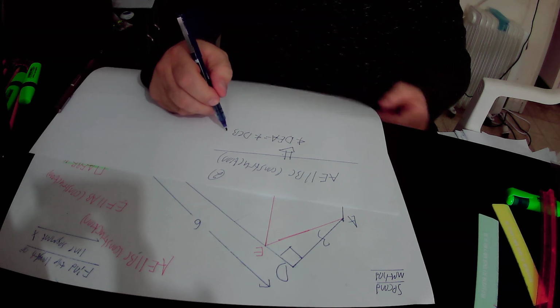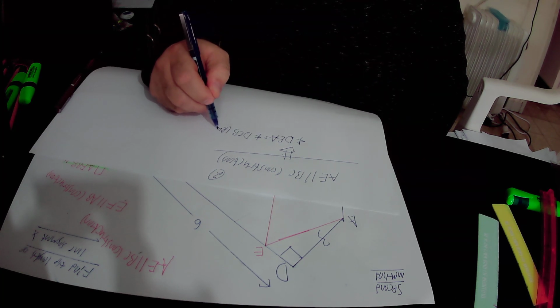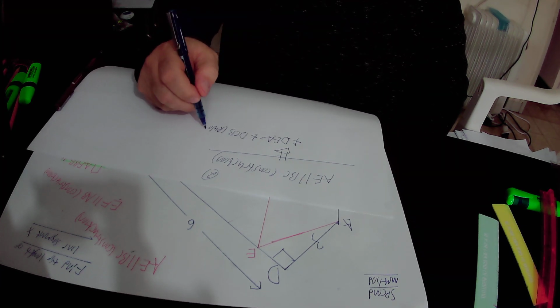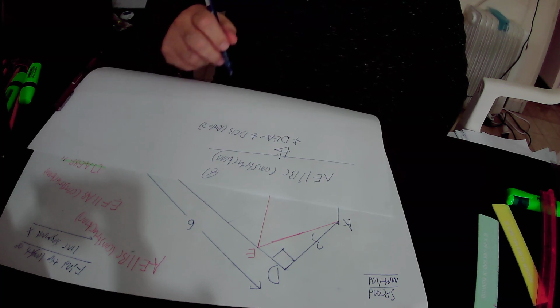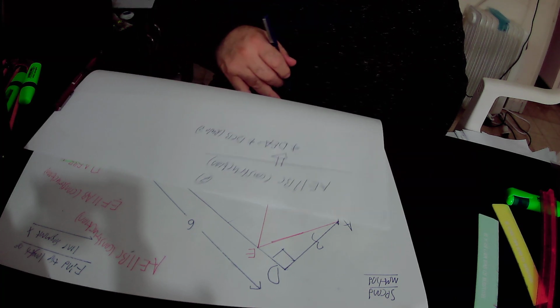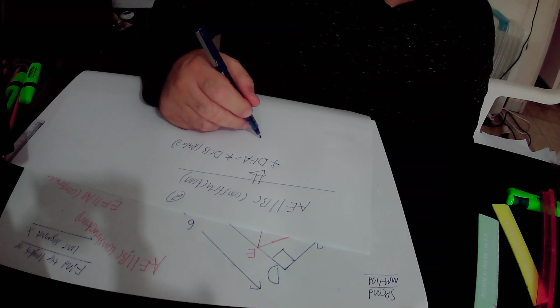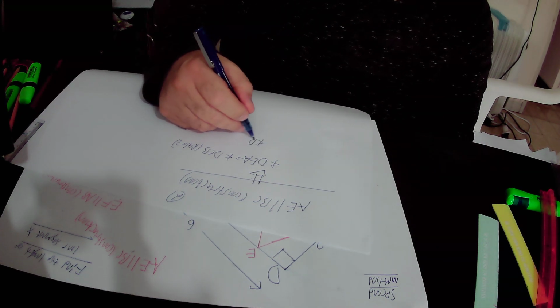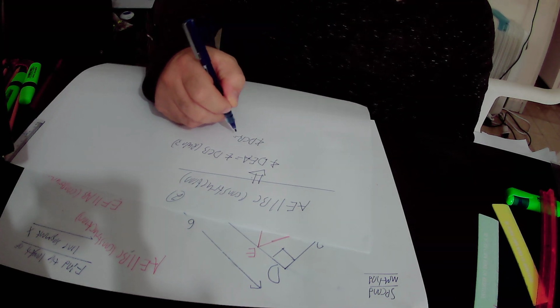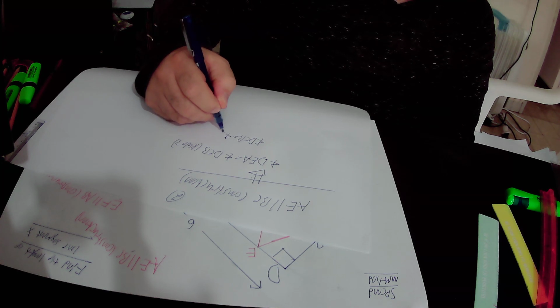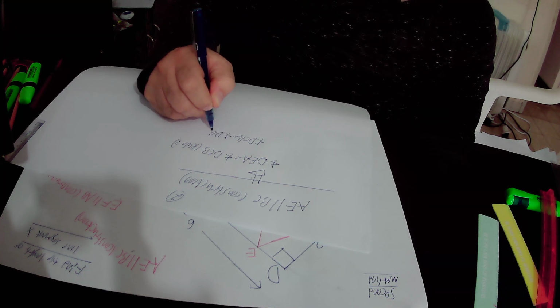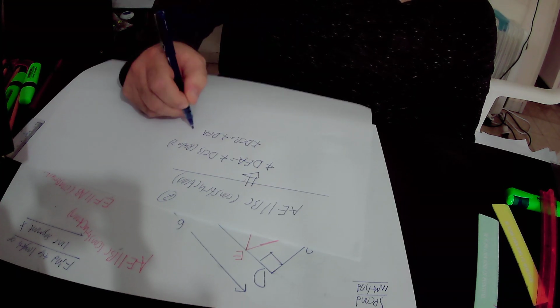And they are equal to each other according to rule number 3, the corresponding angles between parallel lines are equal to each other. Okay, so angle DCB equals angle DEA according to rule number 3.